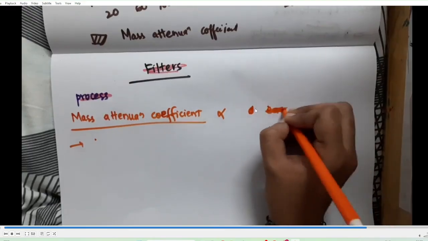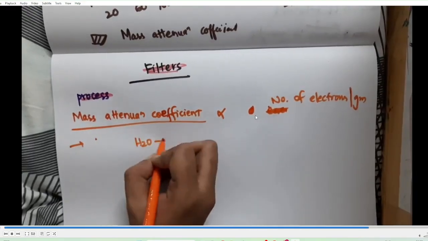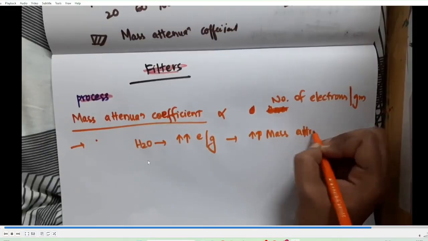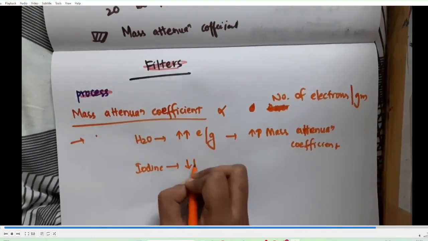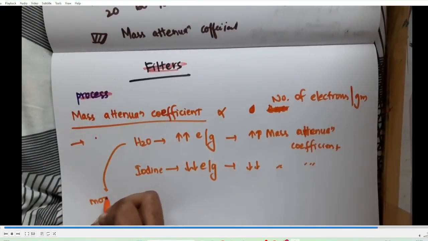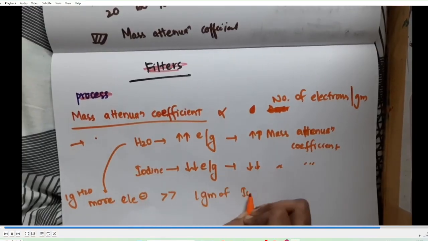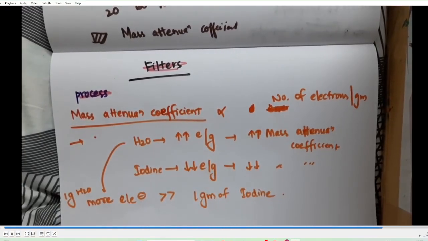Mass attenuation coefficient is directly proportional to the number of electrons per gram. Water has more electrons per gram, so a higher mass attenuation coefficient, whereas iodine, having fewer electrons per gram, has a lower mass attenuation coefficient. So 1 gram of water absorbs more than 1 gram of iodine.